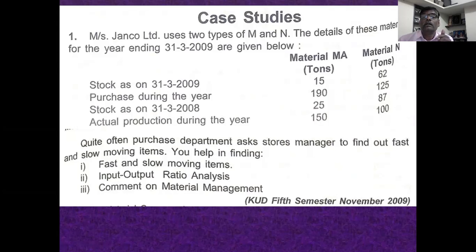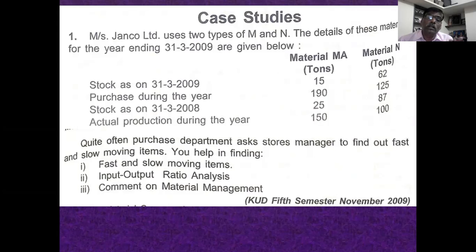If the material is fast moving, the purchase manager has to take steps regarding it. If the material is moving slow, then on the basis of the movement of material, he has to take a decision regarding the purchase. If the material is fast moving, his purchases are to be frequent purchases.